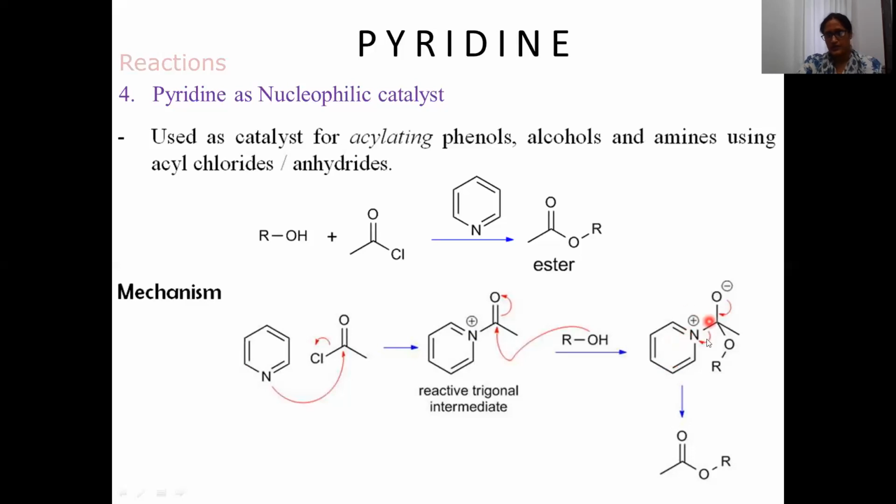After the initiation of the process and formation of molecules, the pyridine molecule is released from here and forms the ester molecule. So it is also used as a nucleophilic catalyst in various reactions.